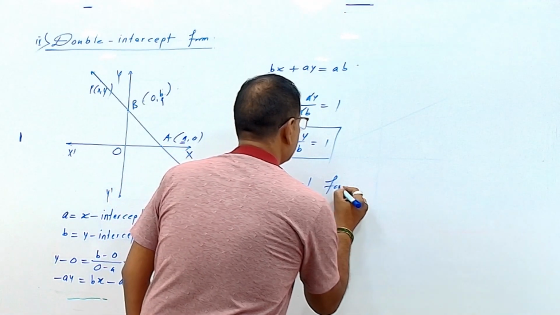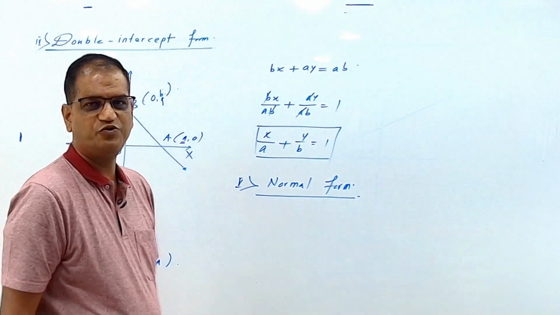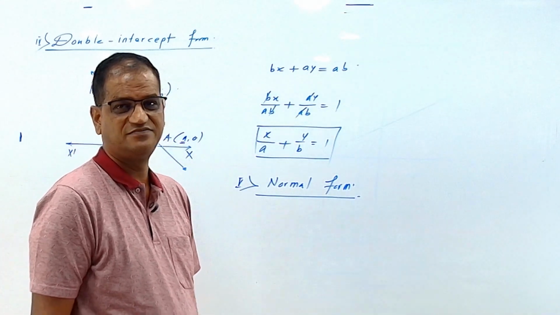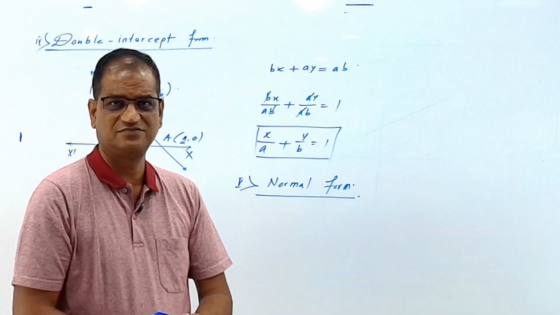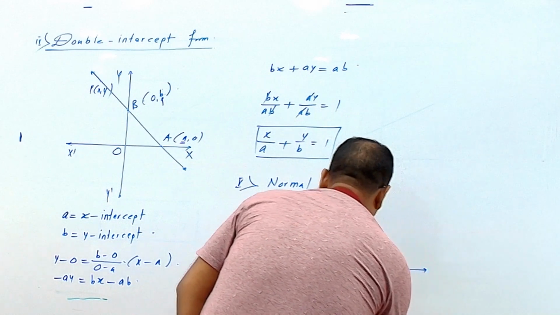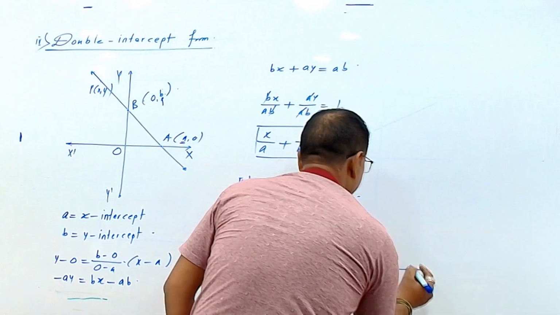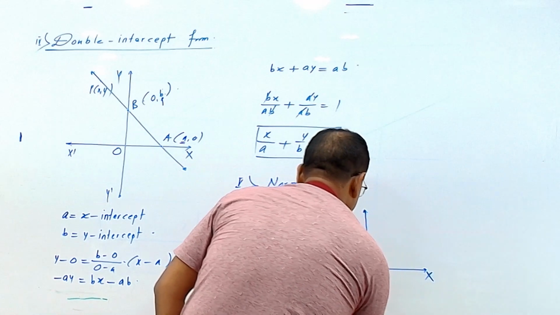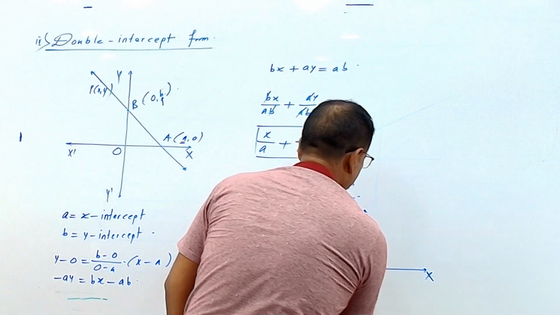Now, the fifth form is normal form. What do you understand by the word normal? Normal means perpendicular, right? Now, ideally, in this normal form, I will take the normal from the origin.